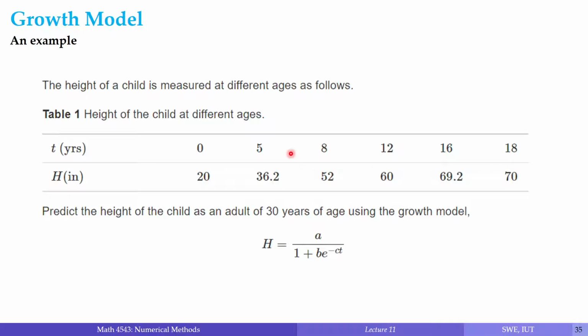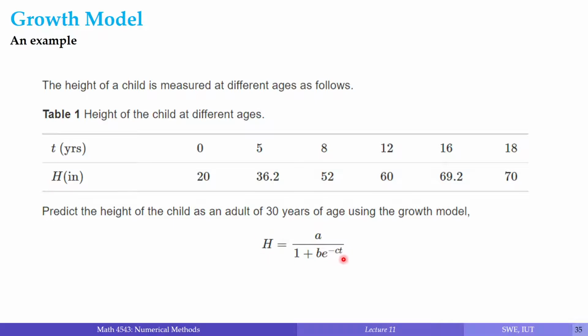There are a total of 6 data points of ages and their respective height measurements. The question asks us to predict the height of the child when he becomes 30 years old. So we'll use the growth model, which is h equals a divided by 1 plus b to the power minus ct. We are just replacing y with h and x with t.